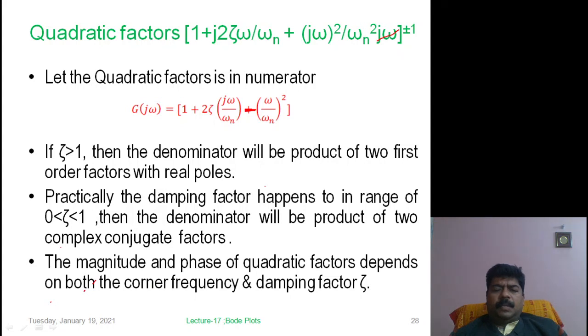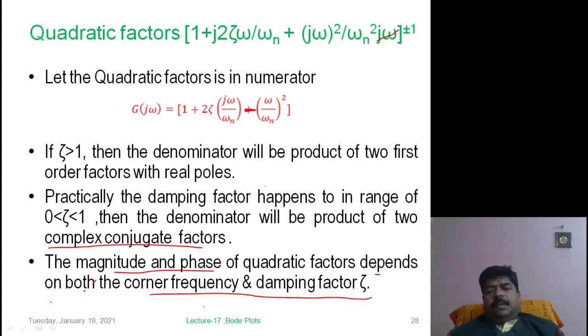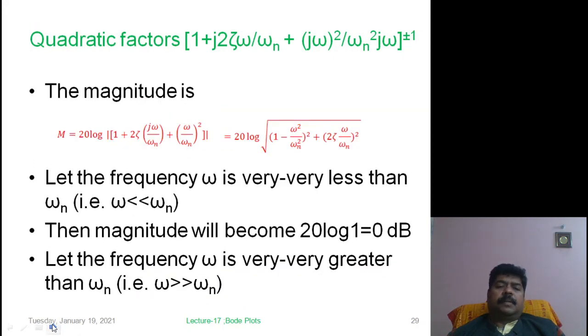So basically the magnitude and phase of the quadratic factor depend upon the corner frequency and damping factor, while the resonant frequency can be varied depending upon the damping factor. If we change the damping factor, we can change the value.